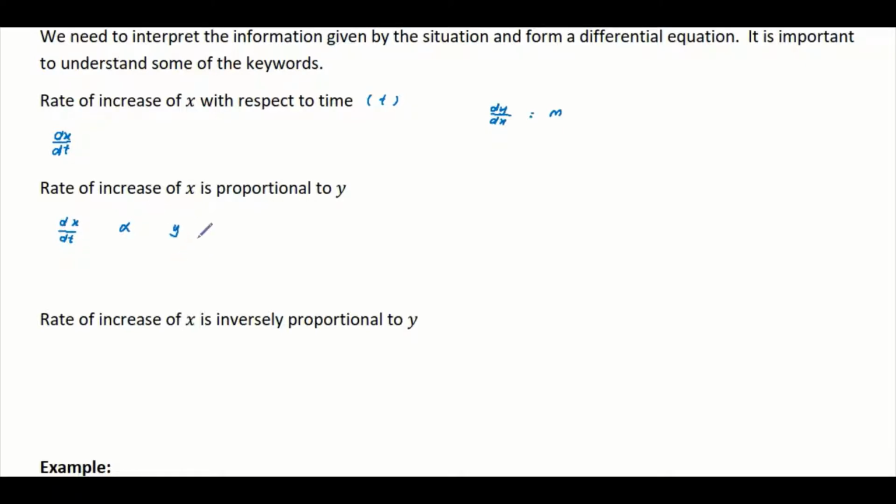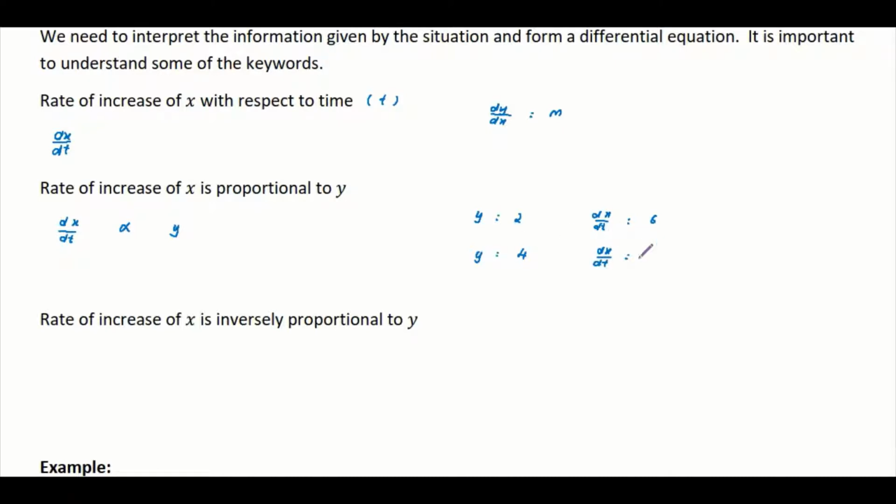How do we write this as an equation? What is the meaning of proportional? If my y equals 2, then my dx/dt may equal 6. If my y now increases to 4, then what is my dx/dt?